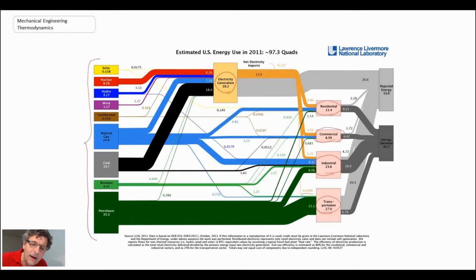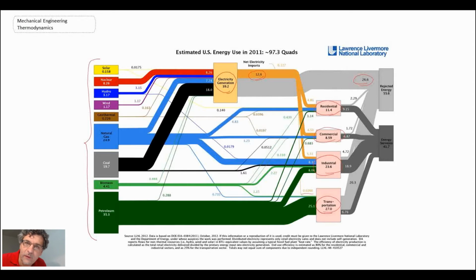But the other thing to note here, let's consider electricity generation to begin with. You'll notice that with the electricity, we have all of these different inputs. So we have an input due to nuclear, we have an input due to natural gas, we have an input due to hydro, and an input due to coal. The energy that is coming out of that, we see here 12.6 quads is shown, plus another 26.6 goes into waste heat.